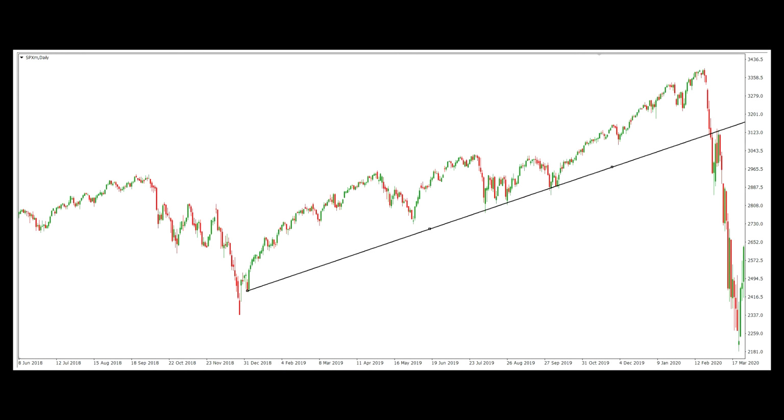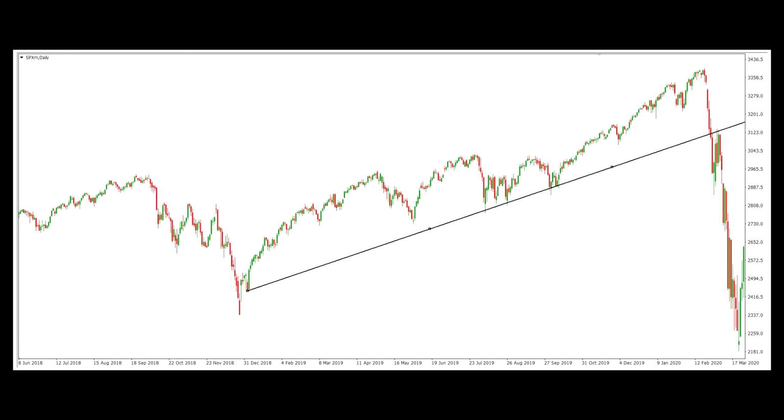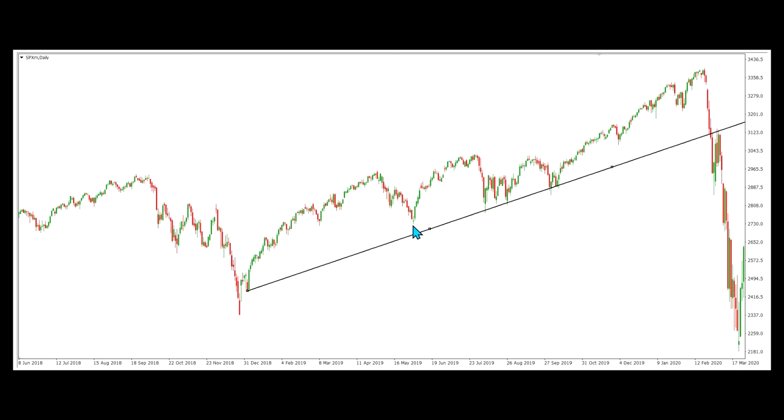The benefit obviously is that it helps you maximize your profit by selling near the end of the uptrend. Also, it tells you that the trend may have changed. When the price breaks through this trend line here, there is a high possibility that the uptrend is over. And you can see here clearly that the uptrend is over and the downtrend has basically started.